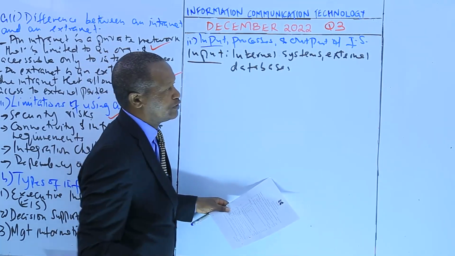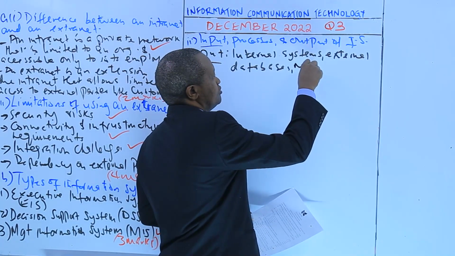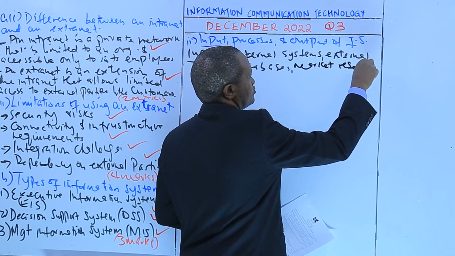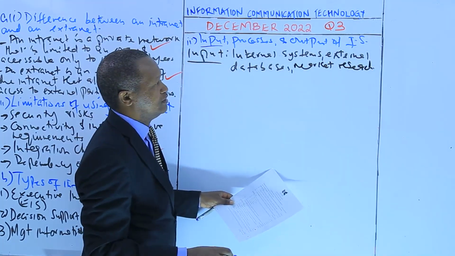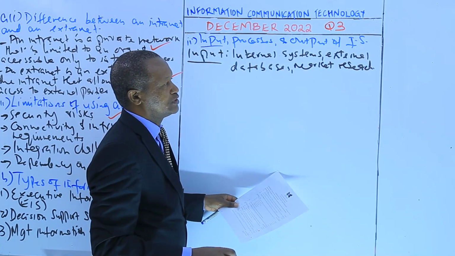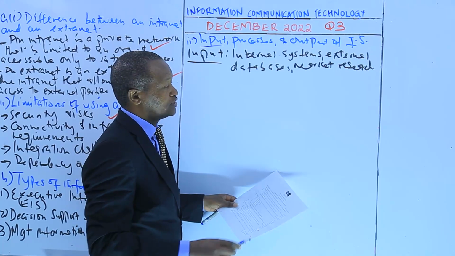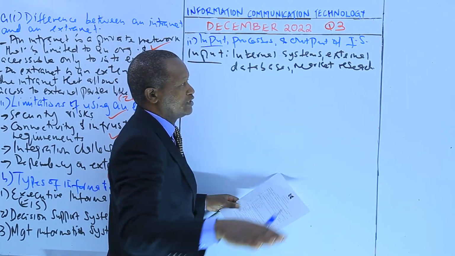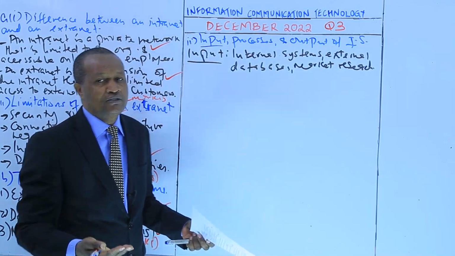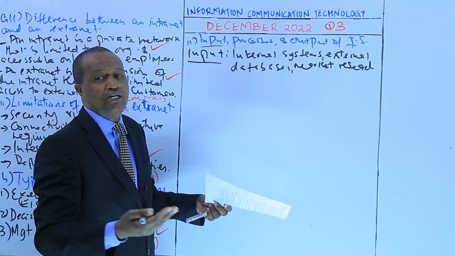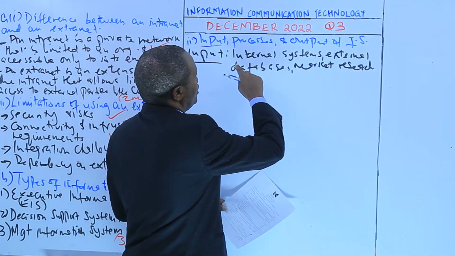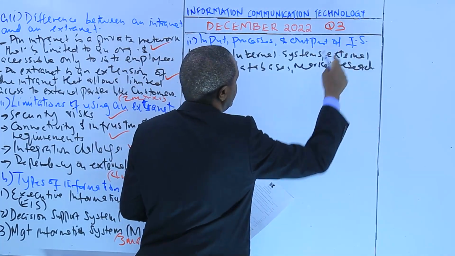It can be obtained from market research. For example, the marketing department can carry out surveys, can carry out research, can scan the external environment and come up with information and data. It can come from user inputs and so on. So this is what we are calling input of information system.